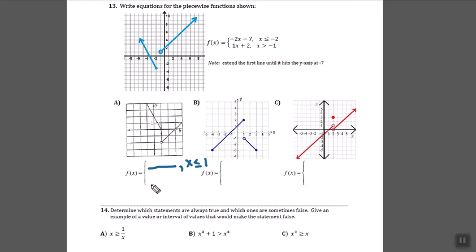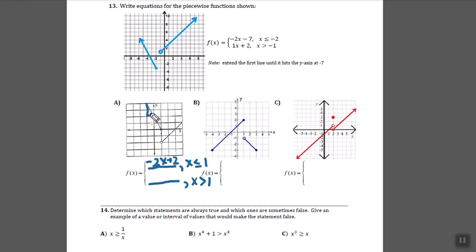And then we're going to have another function here for this piece. That'll be a comma, x is greater than 1. So now all you have to do is to figure out their mx plus b. So this has a b, or y-intercept, of 2. The slope is going down 2 over 1. So this is a negative 2x plus 2.